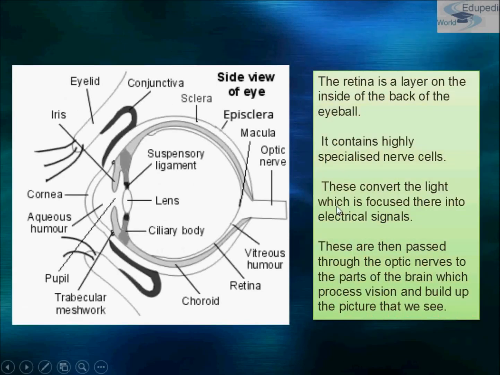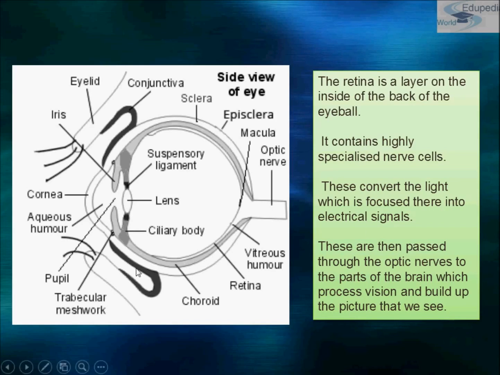Now moving on to the next, that is your retina. This is your retina and this is your optic nerve. The retina is a layer on the inside of the back of the eyeball.